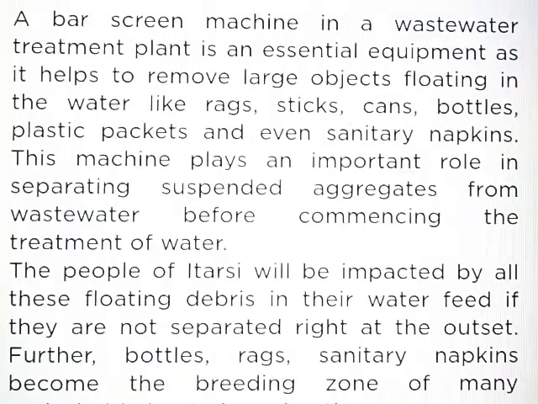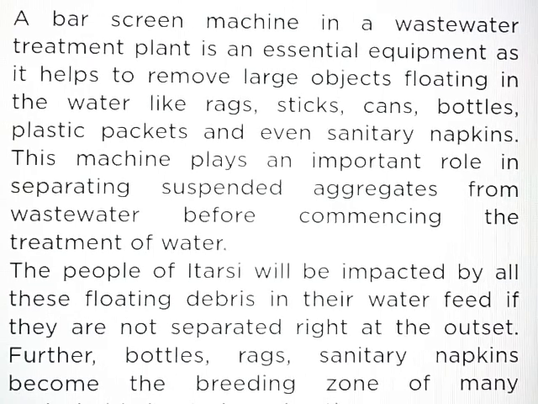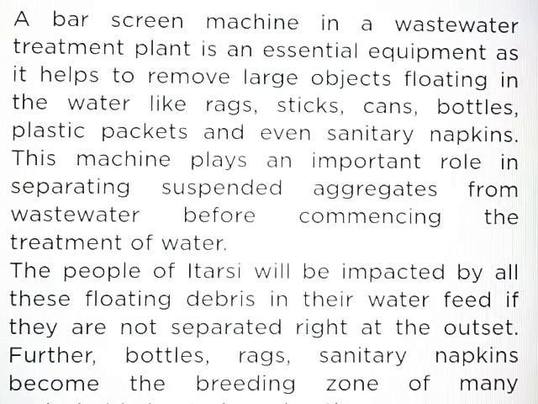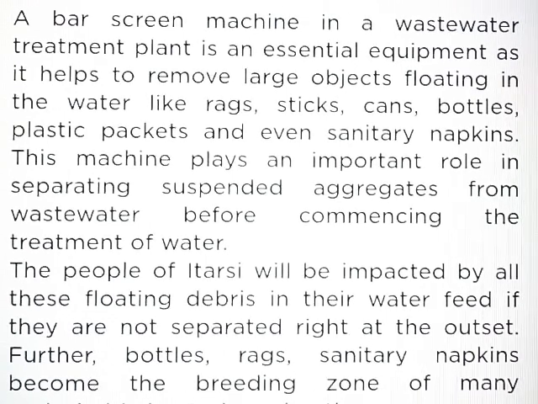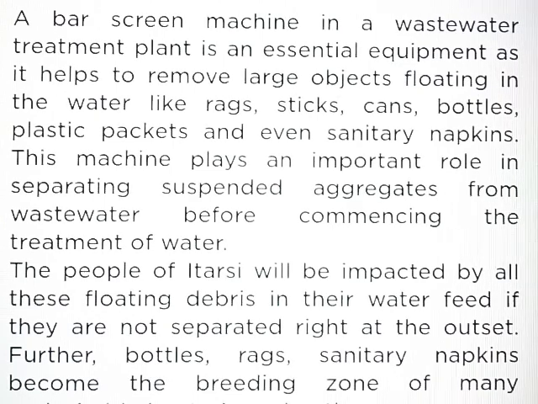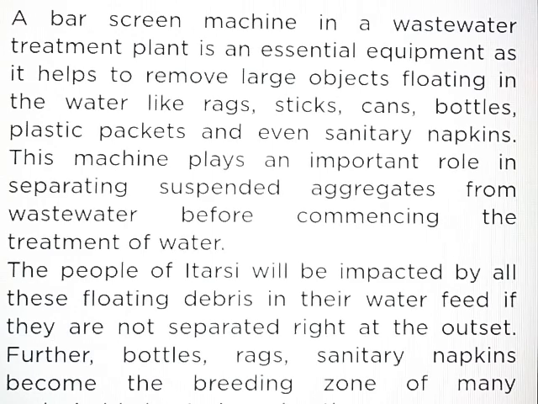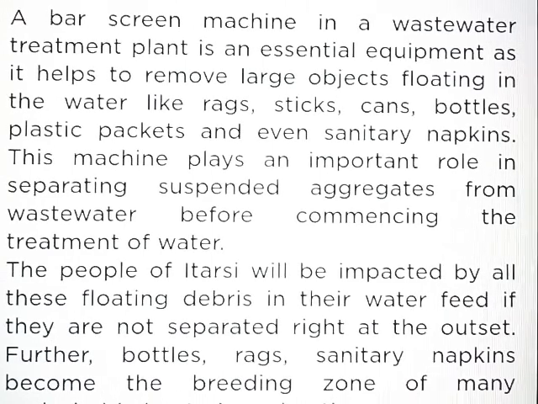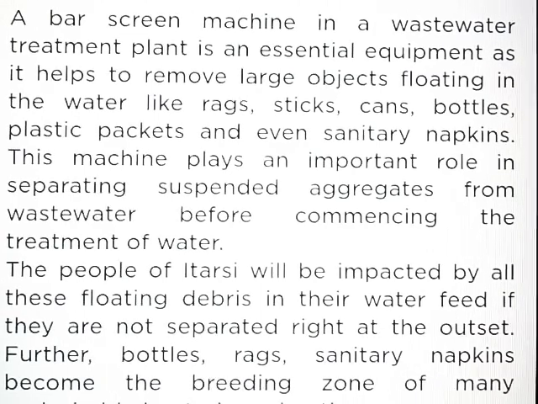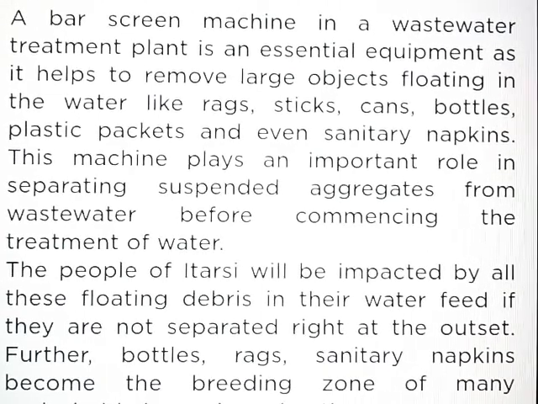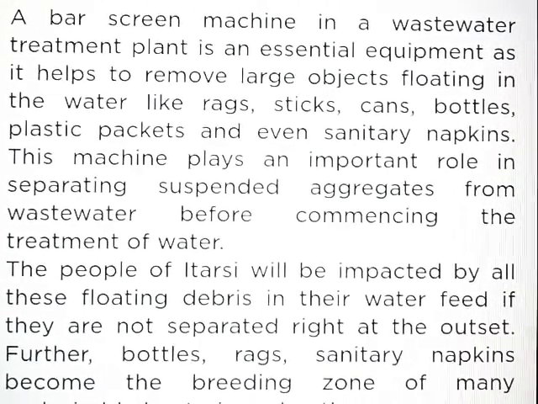A bar screen machine in a wastewater treatment plant is an essential equipment as it helps to remove large objects like floating in the water like rags, sticks, cans, bottles, plastic packets and even sanitary napkins. This machine plays an important role in separating suspended aggregates from wastewater before commencing the treatment.